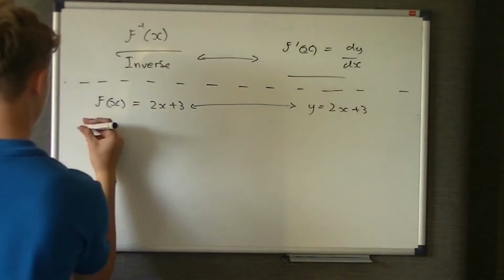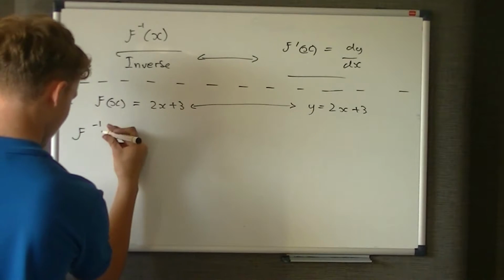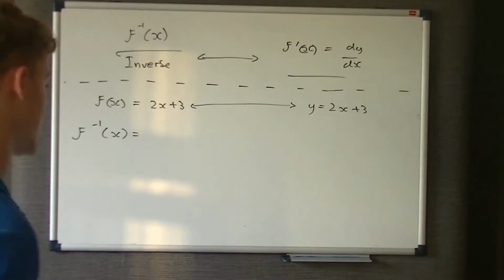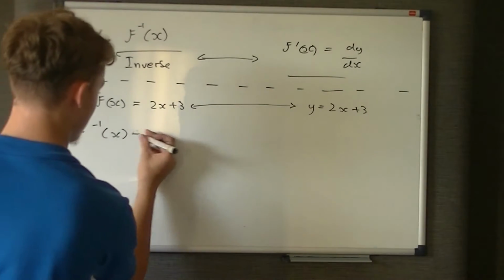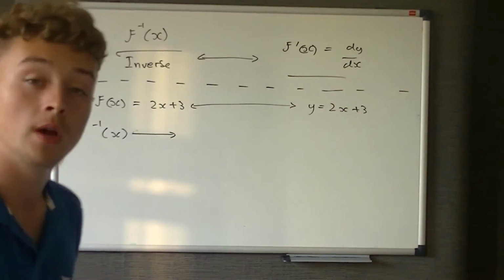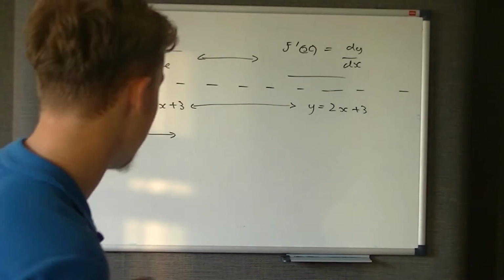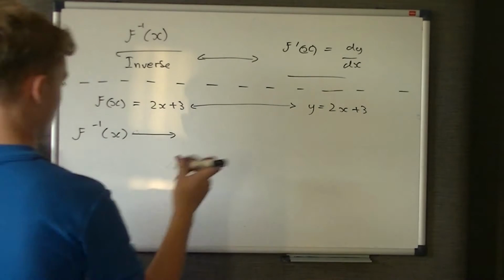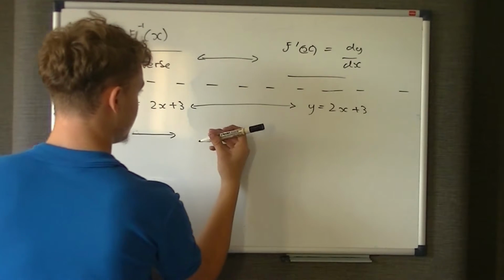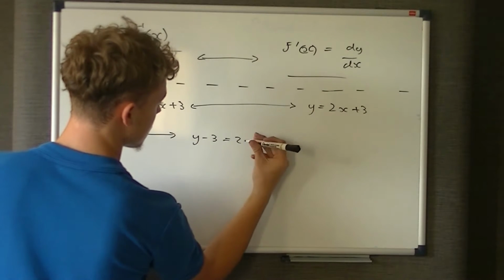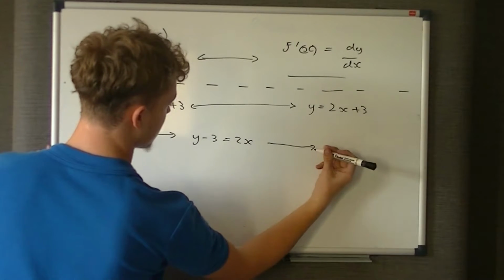Now the inverse, so if we want to do the f to the minus 1, not dashed, so f to the minus 1 of x, what we're saying is we want to rearrange this equation. What they're essentially saying is rearrange the equation, make x the subject of the equation. So what we do is y take 3 equals 2x, and I'm going to break it down in steps, not going straight to the answer.